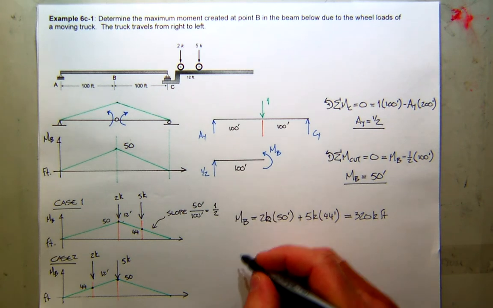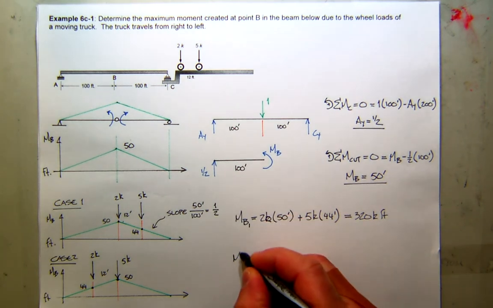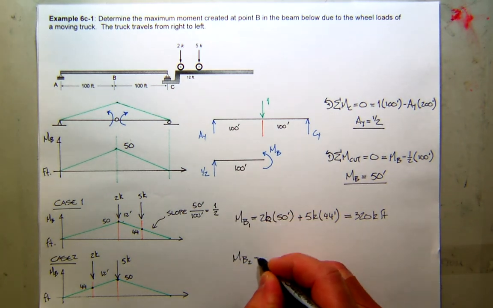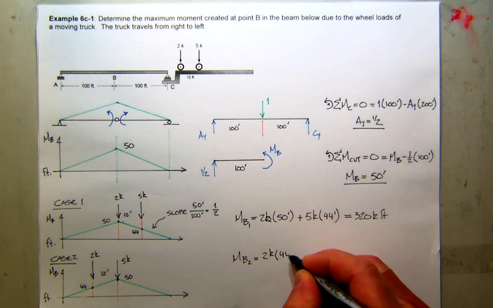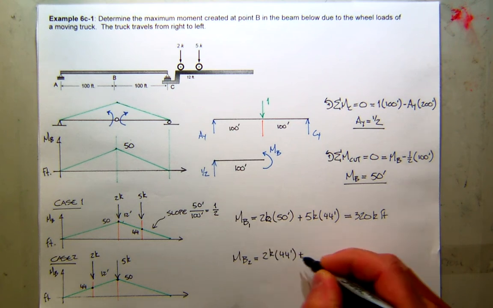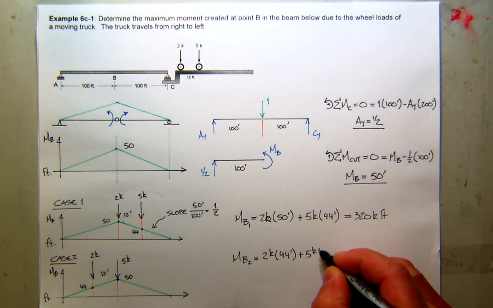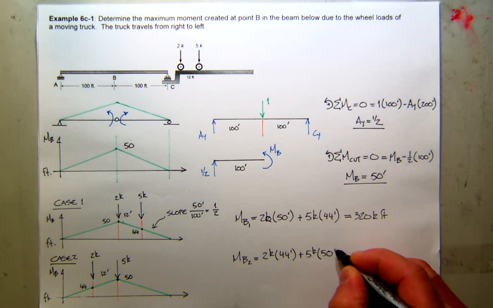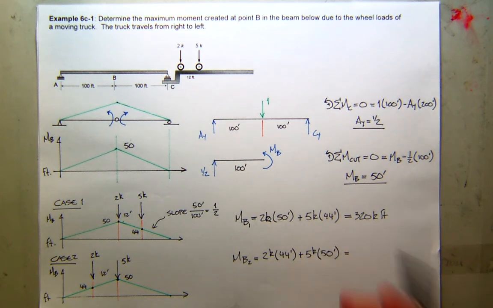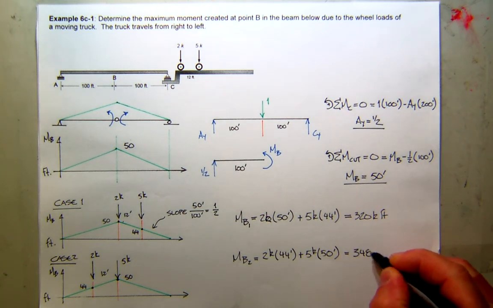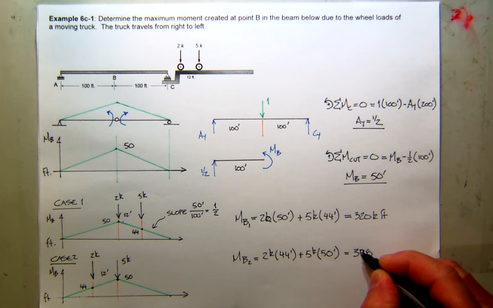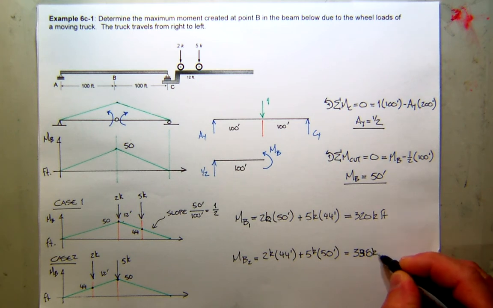So now I'll call this case 2. The moment at B due to case 2 will be the 2 kip force times 44 feet plus the 5 kip force times 50 feet. 250 plus 88, that's 338.